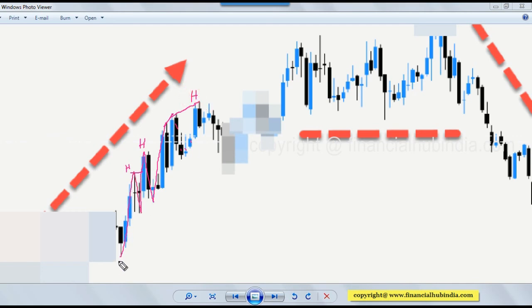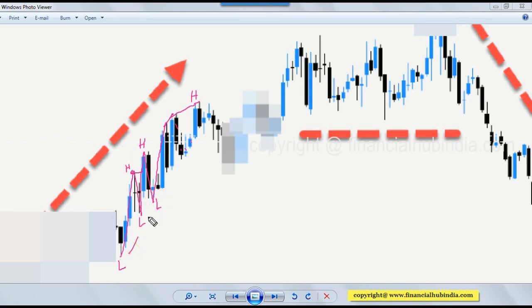Now for this swing, this was the first low, and then for swing 2, this is swing 1, for swing 2 we made another low. The low is here for this swing, the high is here for this swing, and again we made another low.